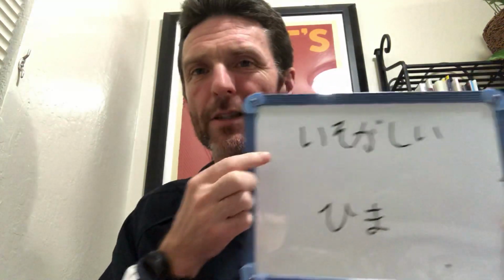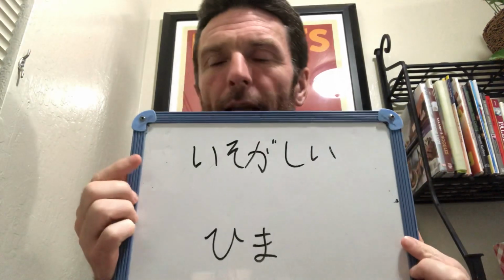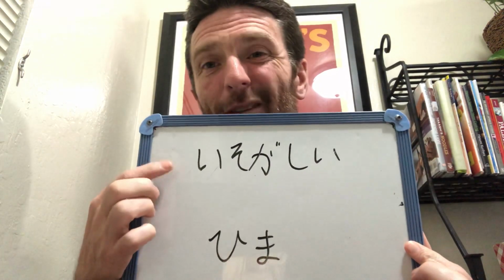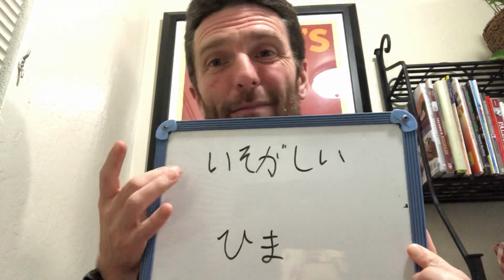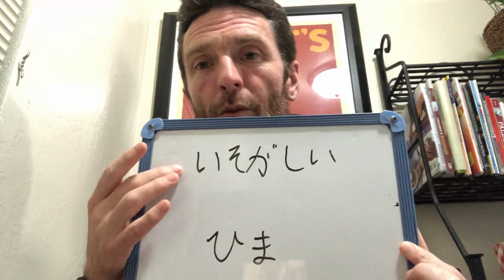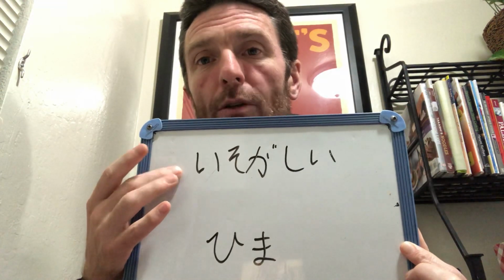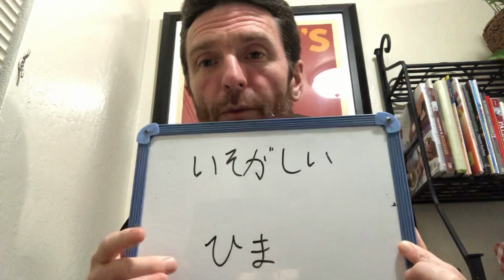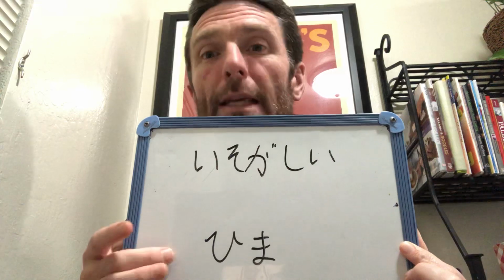Nice vague answer. And somebody comes up to you and says, saikin isogashii desu ka? Recently, are you busy? And you're like, isogashii? Hima? Sometimes I'm super busy, sometimes I'm super free. And so what's our ta form here? Isogashii would be isogashikatta. What about hima? Hima datta.